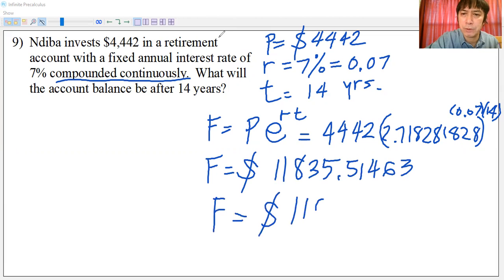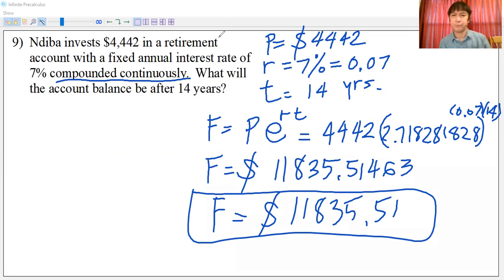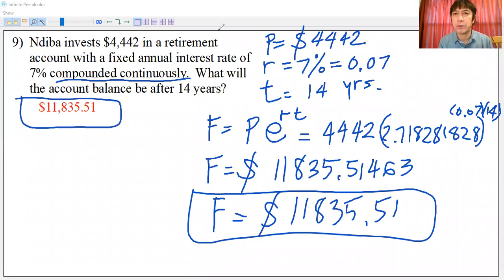This will be $11,835 and 51 cents. We can verify the answer. That's $11,835 and 51 cents. That's it up to number 9. Let's continue with the next.